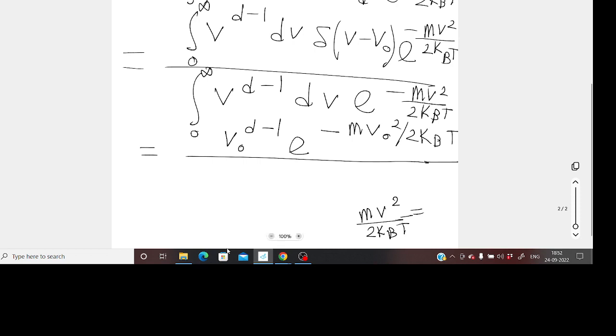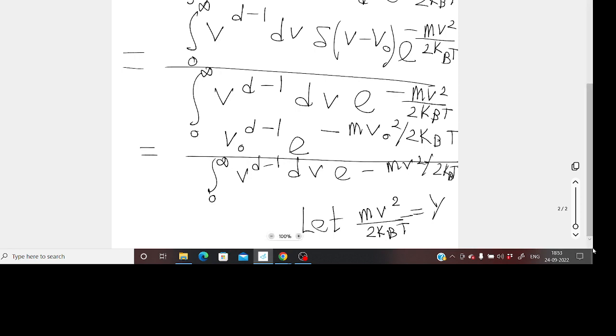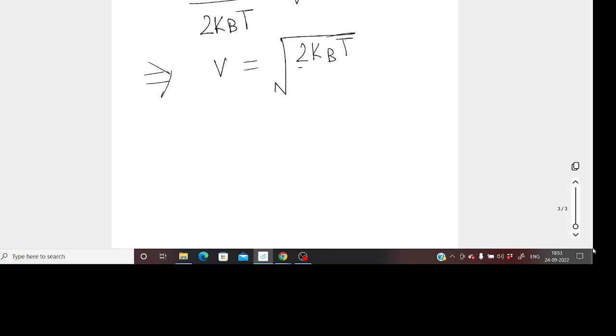You can take anything there, that is not important. So what is v here? v is equal to this. So dv is equal to this thing.